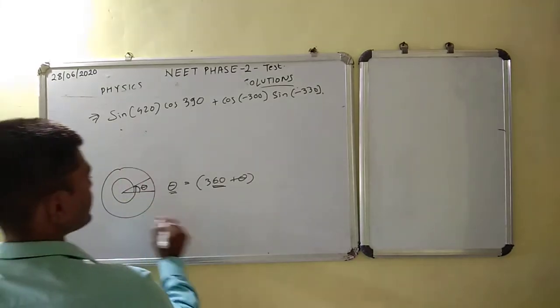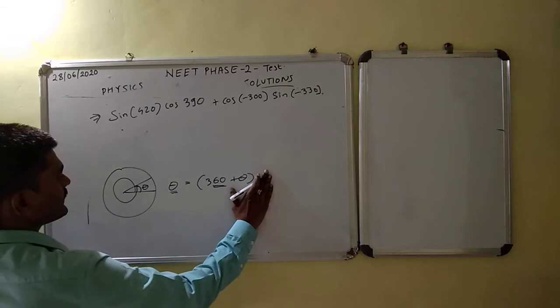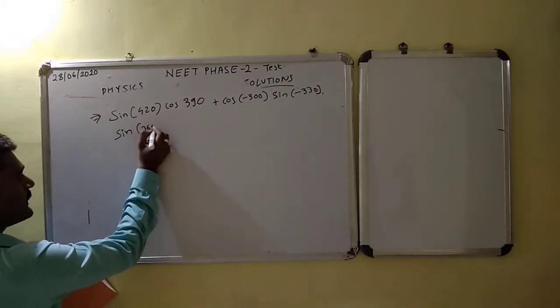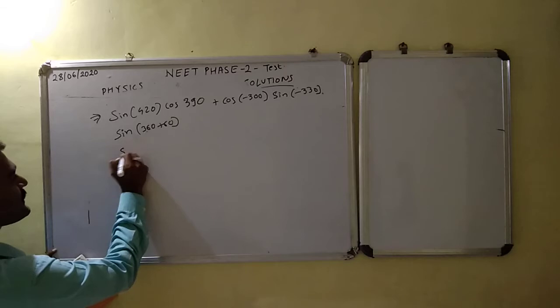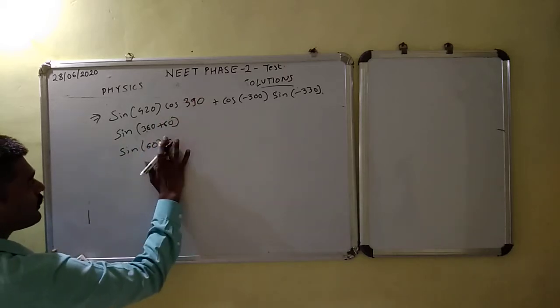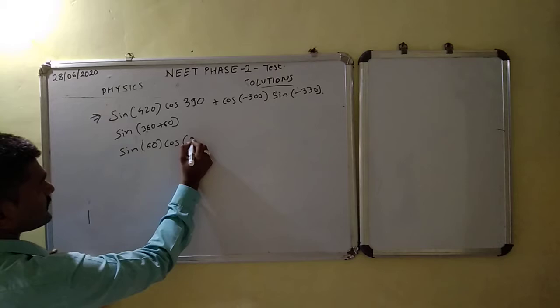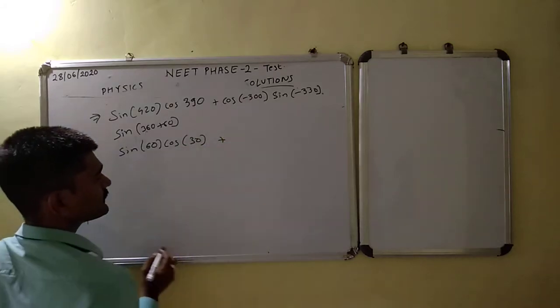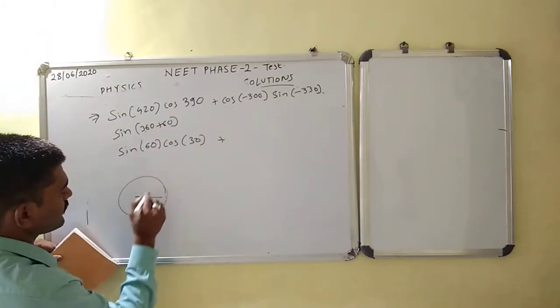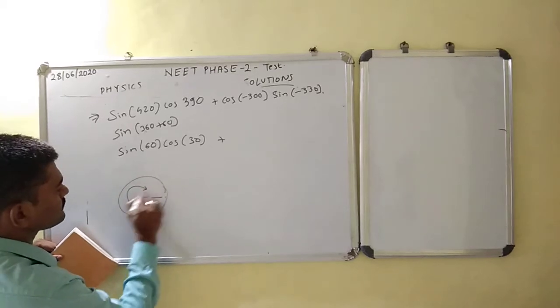So 420 could be written as sine of 360 plus 60, which means sine of 60 degrees. Similarly 390 could be written as cos of 30 degrees. Then cos of minus 300 means what? It is going reverse.